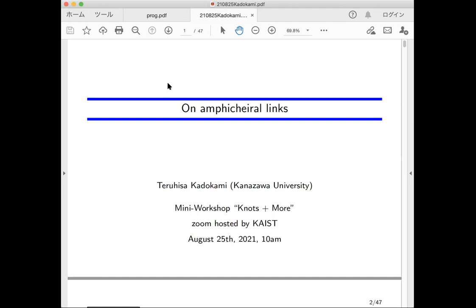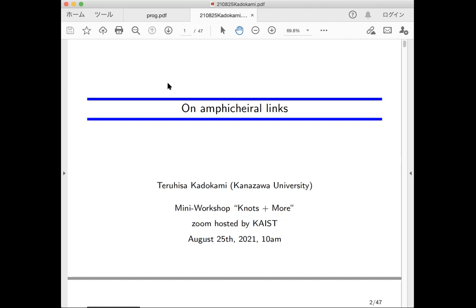We obtained, I and Akio Kawauchi, one result. Let L be an n-component Amphicheiral link, and let L_ij be the linking number of K_i and K_j.